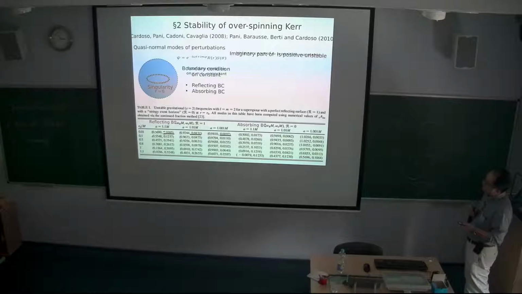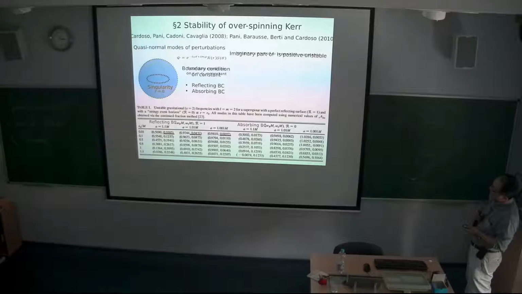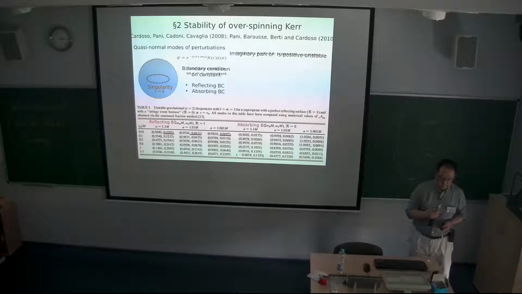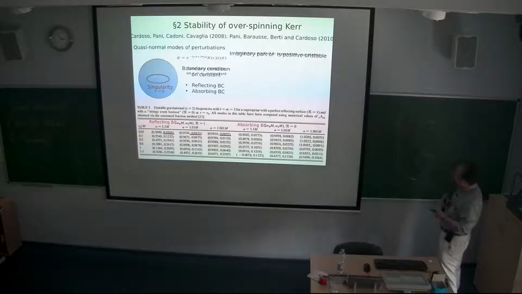The red left-hand side one is the real part. They obtain the right-hand side one, the angular frequency, and the imaginary part for various parameters is decreasing as the boundary radius decreases. So the imaginary part of the frequency is an increasing function of the boundary sphere.